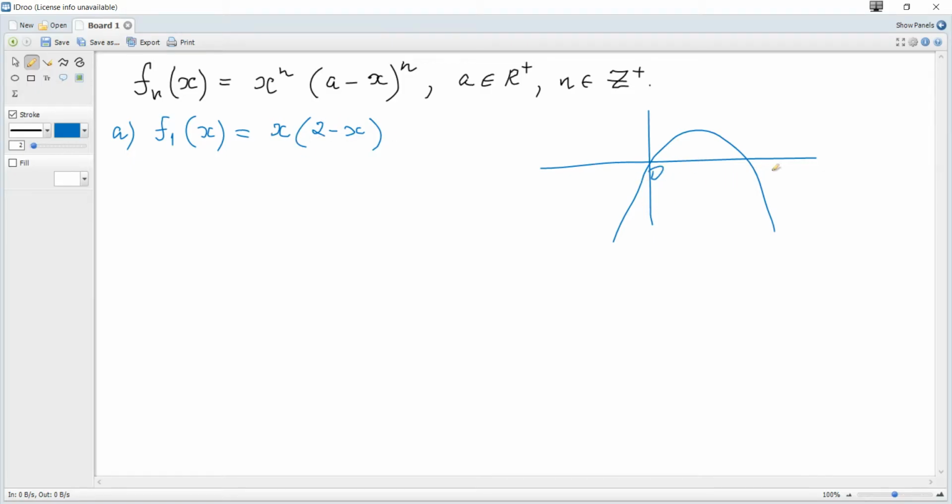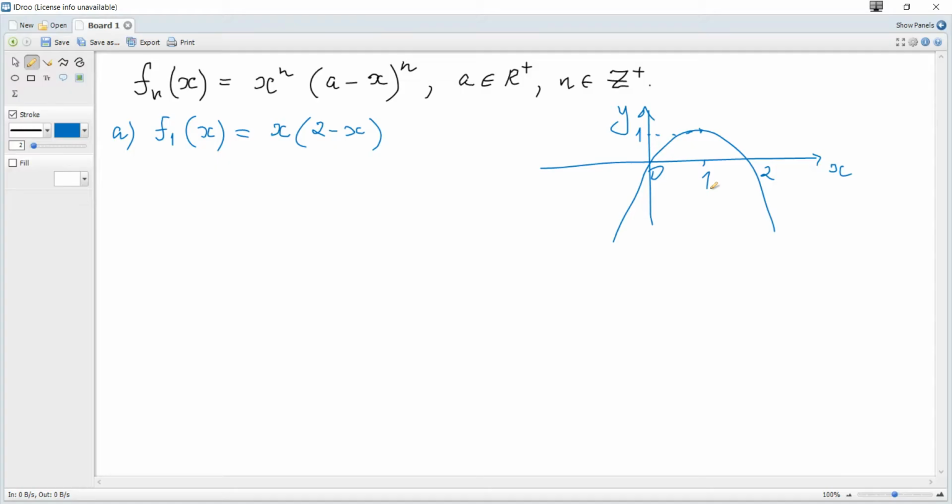So roots are 0, 2. At x is 1, there is a maximum point, and substituting 1 for x, we get 1 multiplied by (2 minus 1) is 1. So 1 is the y coordinate of the maximum point. And that's all for this question.